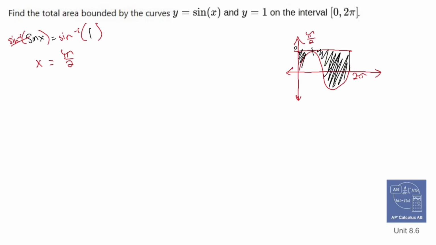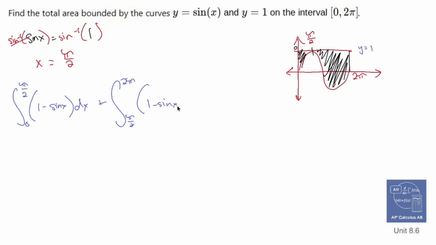All right. Now I'm going to run into a fun little happy accident, but I'm going to pretend like that won't happen. I'm going to set up two integrals, and in both cases, y equals 1 appears on top. So one integral is from 0 to pi over 2 of 1 minus sine x dx, plus the integral from pi over 2 to 2 pi of 1 minus sine x dx.